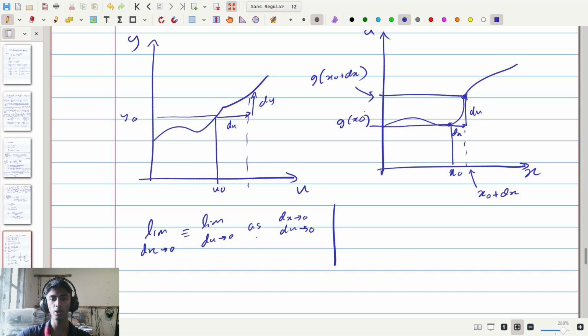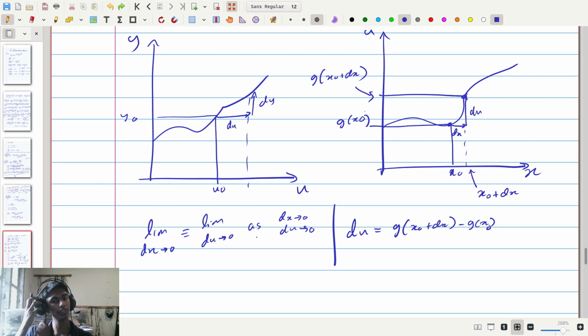So therefore, the second takeaway I want you to take here is that du is equal to this difference here. This difference here is g of x0 plus dx minus g of x0, because when we went a certain distance here in dx, we found a corresponding distance du. The corresponding difference of x values is this, and the corresponding difference of y values is this.